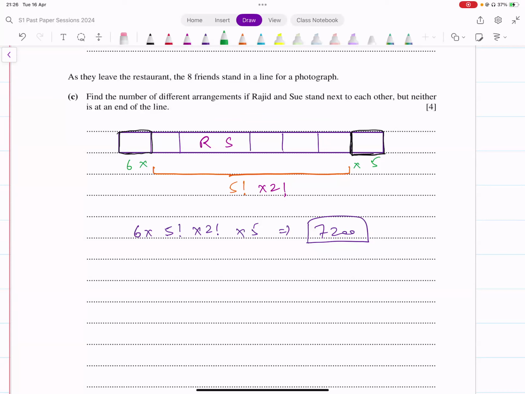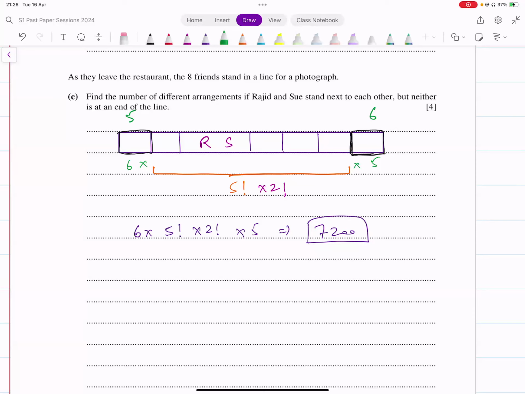So, okay, Alman is saying, why do we write 6 on left and 5 on right? It doesn't matter. You can write 6 on right, 5 on left. So one of these boxes that you're filling first is going to have 6 options. And once you have placed one person in that box, the other box would have 5 options. So in one box, you would write 6 first, and the other you would write 5.